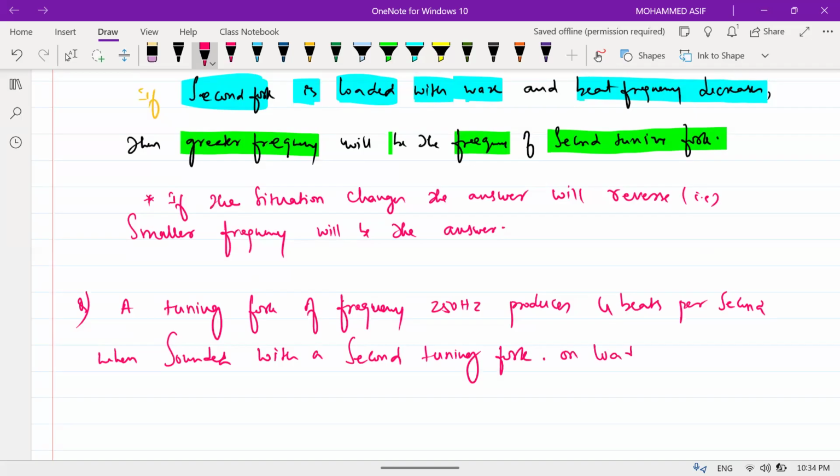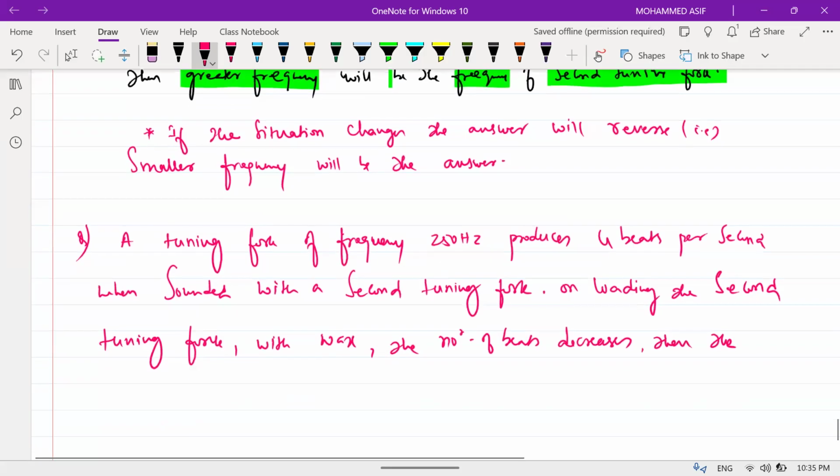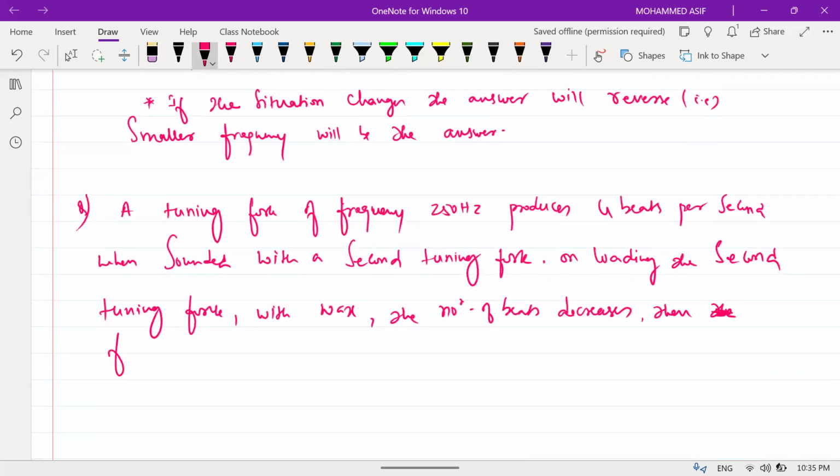Now, on loading the second tuning fork with wax, the number of beats decreases. Then find the frequency of the second tuning fork.